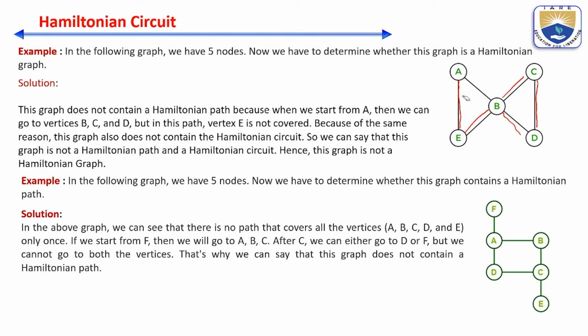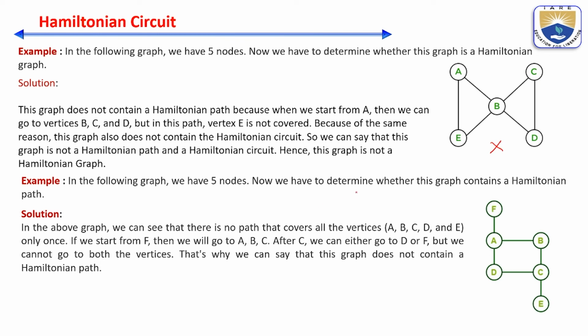In another way also, A to B, then E, it is not possible. We are not going to get any circuit without repeating vertices. It is not possible to cover from the beginning vertex to the ending vertex. So this graph is not a Hamiltonian graph.